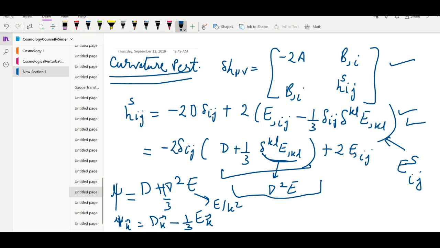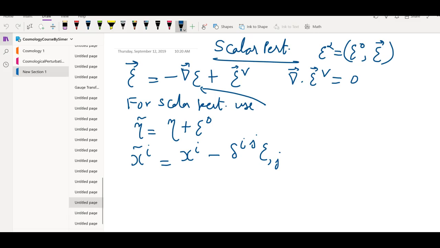We have seen that we have scalar perturbations A, B, and from Hij we can get D, and from the Esij we can get E. There is another scalar perturbation which we can get by splitting this transformation vector into its curl-less part and divergence-less part, meaning this is longitudinal and this is transversal.